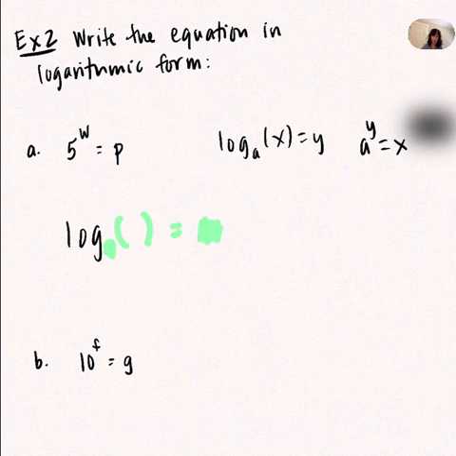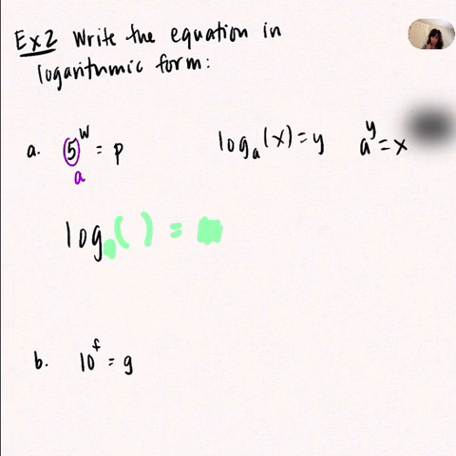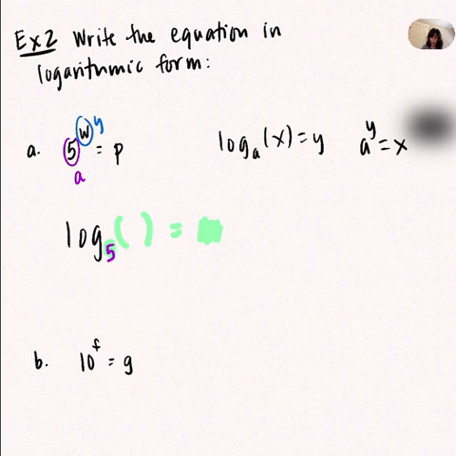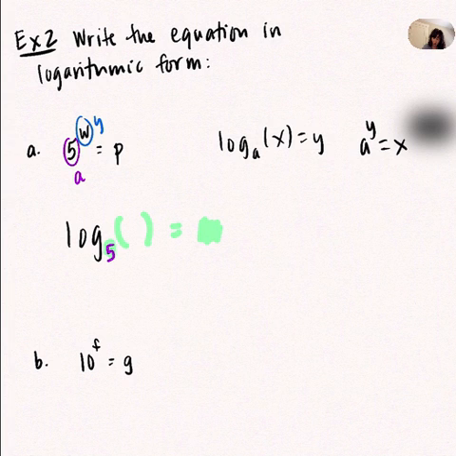Well, the base here is our a, so I'm going to put it in the a spot. In other words, I'm going to put 5 right there. The exponent is our y, and I'm going to put that in the y spot, which goes right here. So that's w.